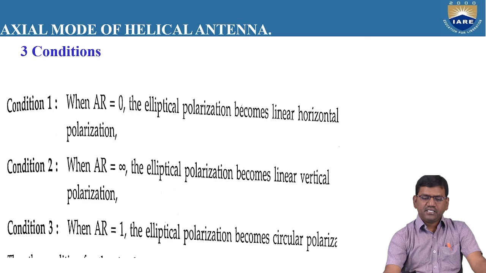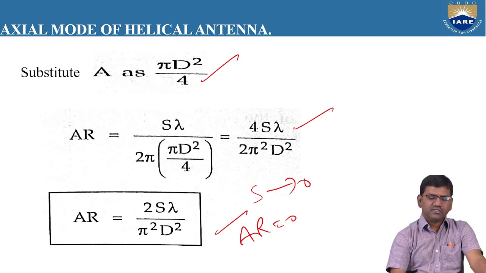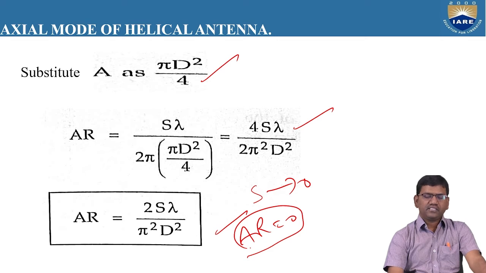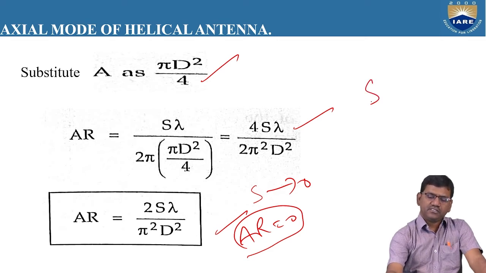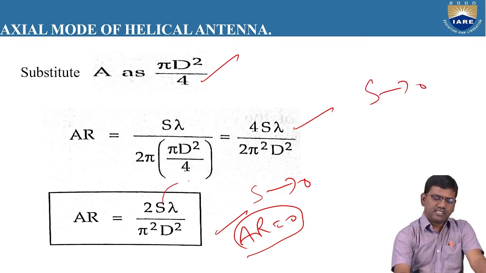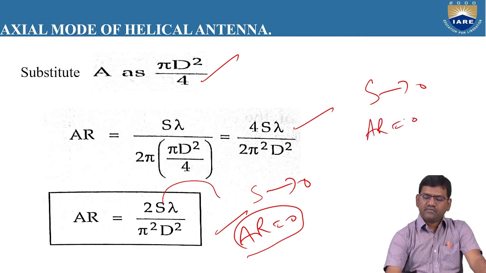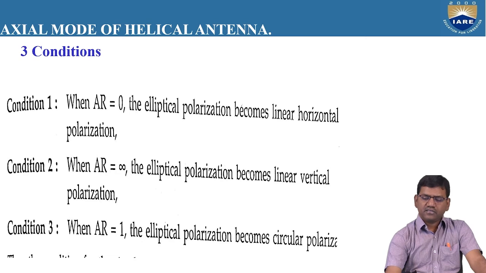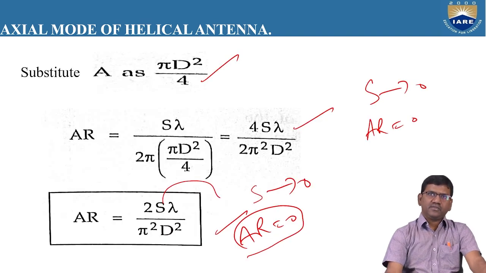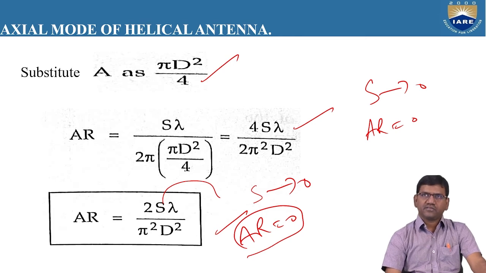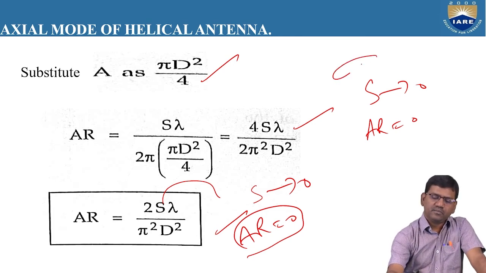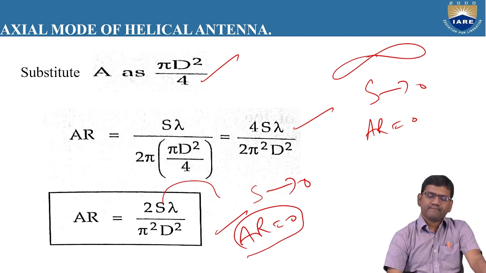So when S tends to 0, if you substitute S as 0 here, the value of AR becomes 0. So when the axial ratio becomes 0, the helical antenna will produce horizontally polarized waves.